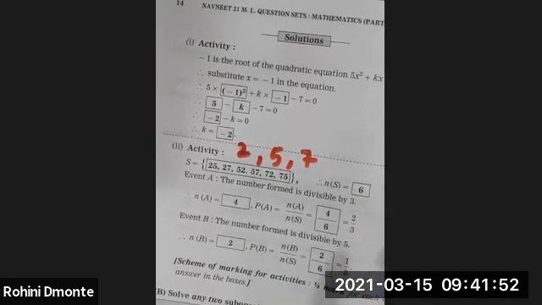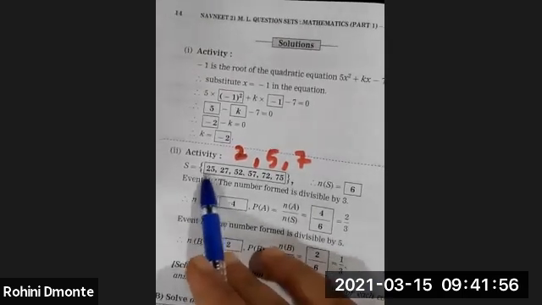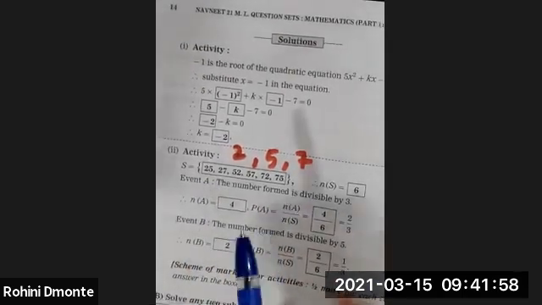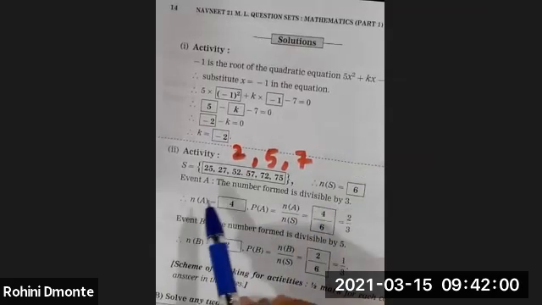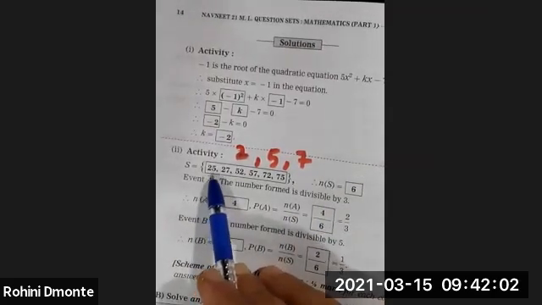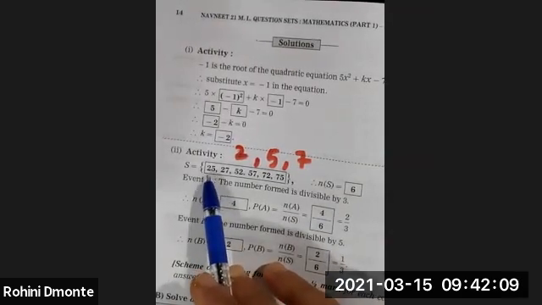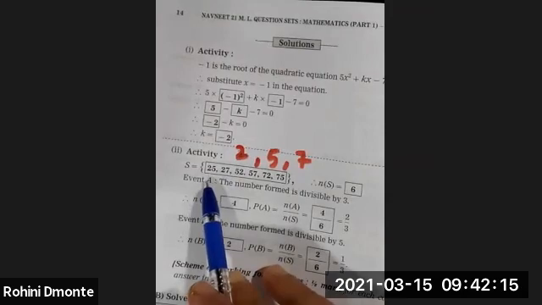You have to simply use the test of divisibility by 3. You have to take the last 2 digits of the given number and just add them. I'm taking the first number, 25. I'm adding 2 plus 5, 7. Is 7 divisible by 3? No. So this number 25 is not divisible by 3, right?